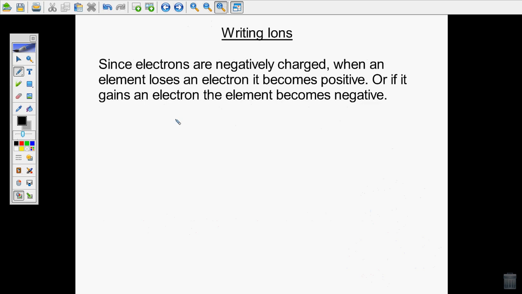Okay, to write ions, since electrons are negatively charged, when an element loses an electron, it becomes positive, or if it gains, it becomes negative.